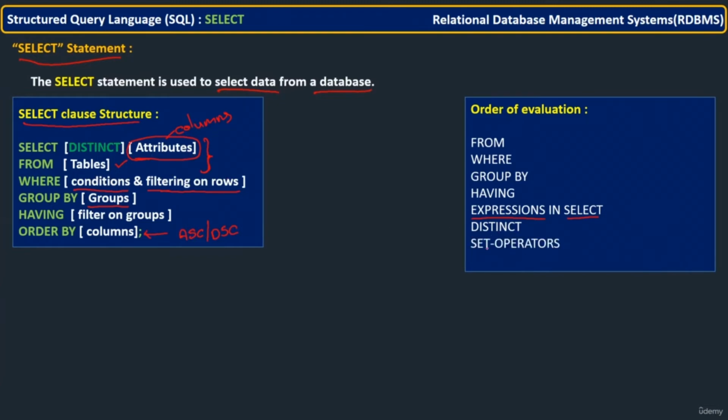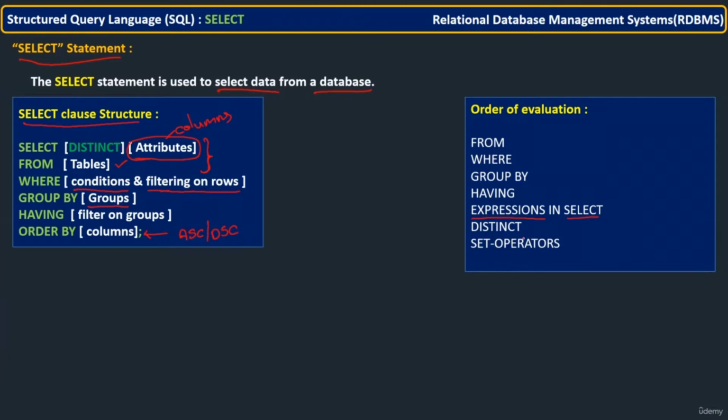After that, if you have set operators, such as union, intersection, difference, so we have different set operators. If you have set operators, then after the final data, that is, rows are filtered, columns are filtered, everything is filtered, on that final data you apply the set operators.